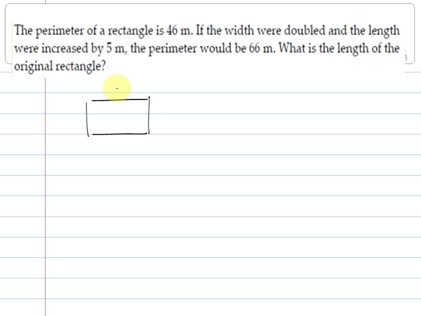So let's let the length be x and the width be y. And then based on the perimeter formula for a rectangle, the first equation that we have is 2x plus 2y equals 46. Now we're going to make some changes to this rectangle. So I'm going to go ahead and draw a second rectangle, not to scale, but just to represent this second rectangle.